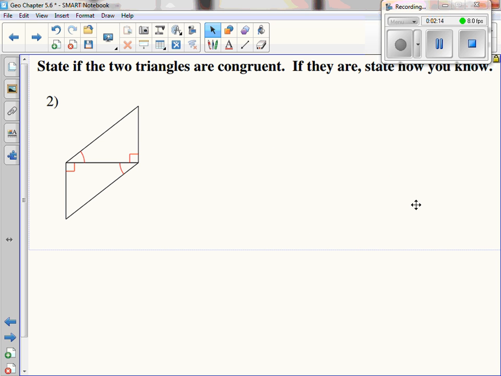State if these two triangles are congruent. Let's see what we have. I have this angle and this angle are congruent. These two angles are congruent. Do we have anything else? So here I have an angle, a side, and an angle. Here I have an angle, side, and an angle.